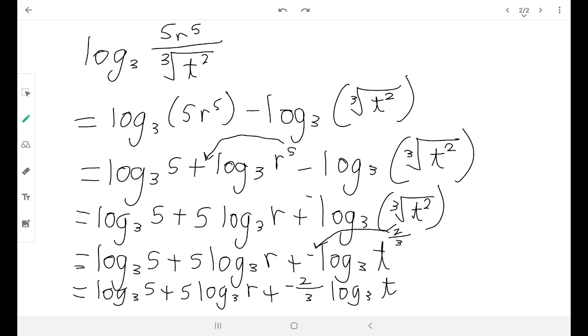But that's a perfectly acceptable answer, and that is as much as you can expand this, because there's no like terms to put together, anything like that. So that is that first example. I'm just going to continue on to the next example.